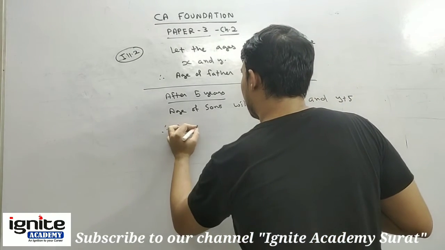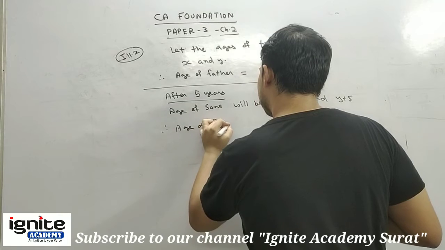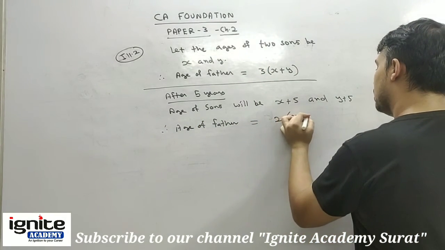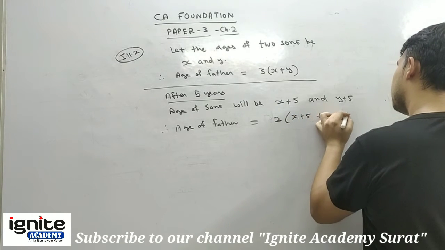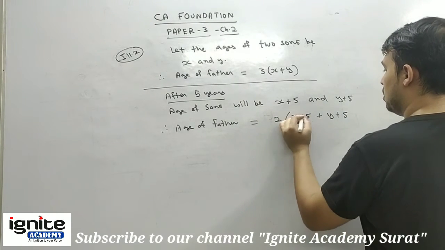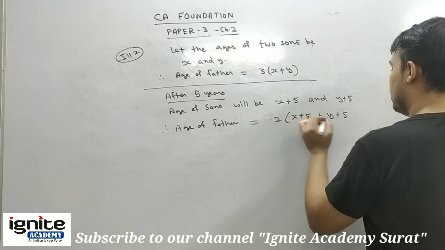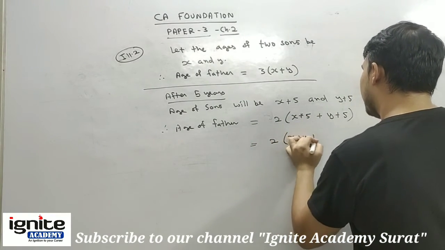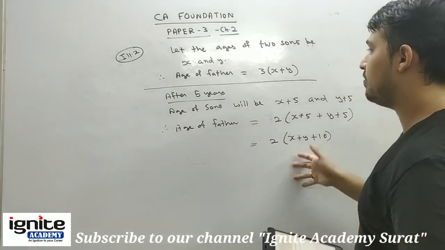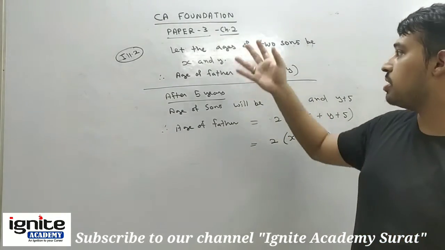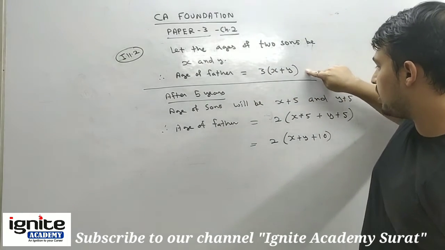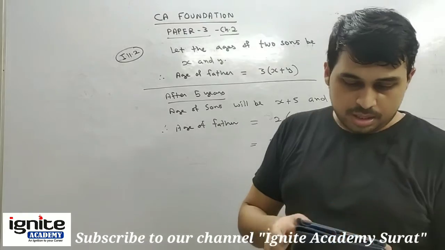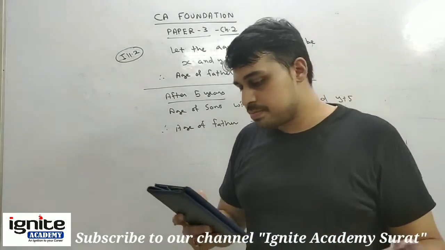Therefore, age of father will be equal to double the sum of the ages of his sons, x plus y plus 10. So now you have the equations. This is equation 1, this is equation 2. You can use them and solve and get the value of x and y. Let us move on to the third illustration.